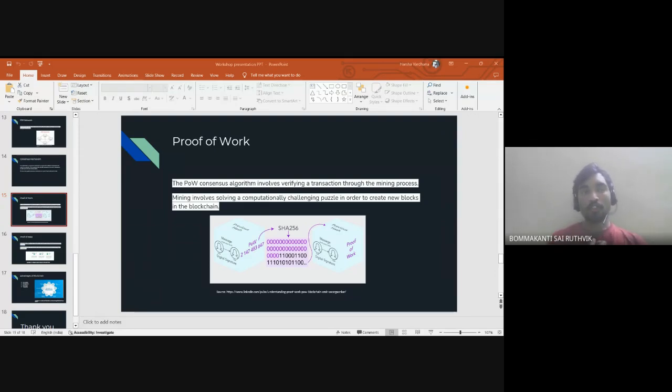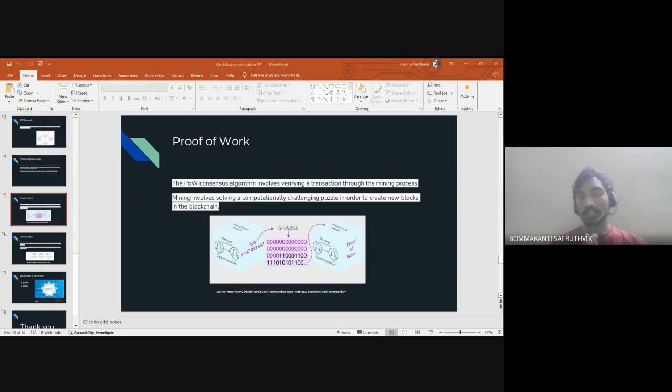In proof of work, the node will solve a computational puzzle or problem. Why is proof of work used?